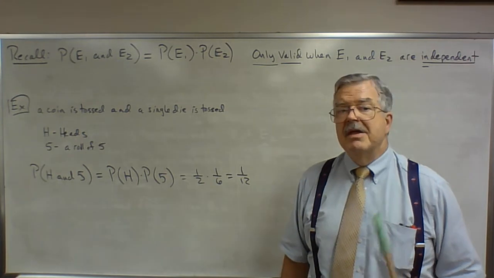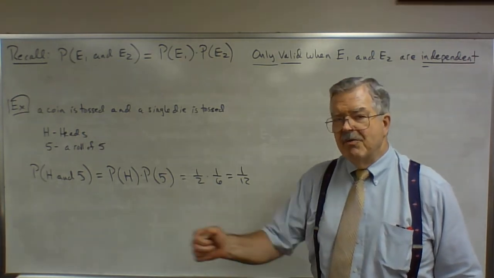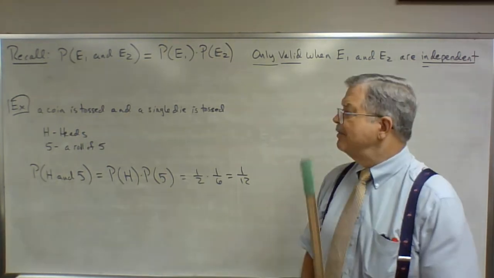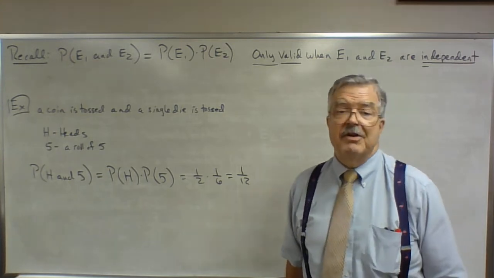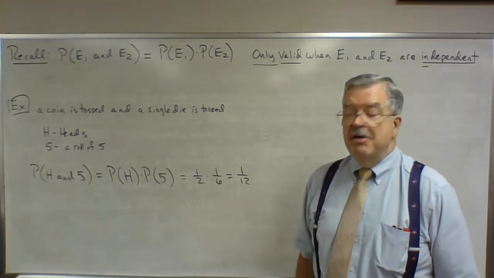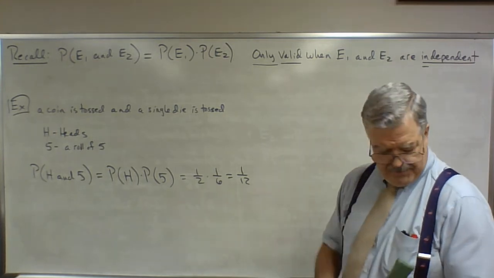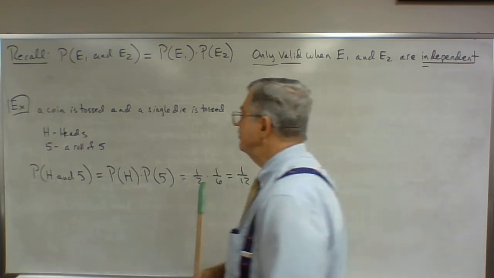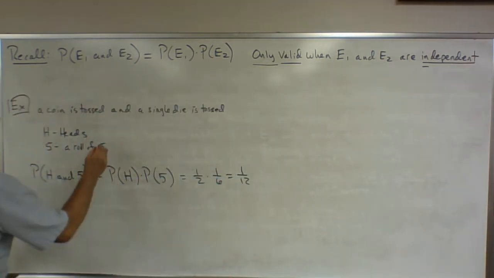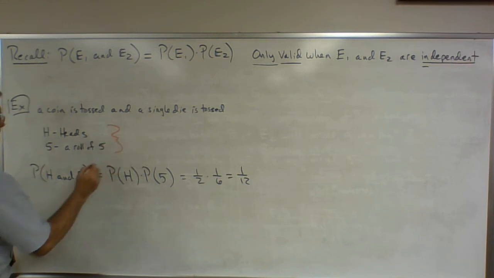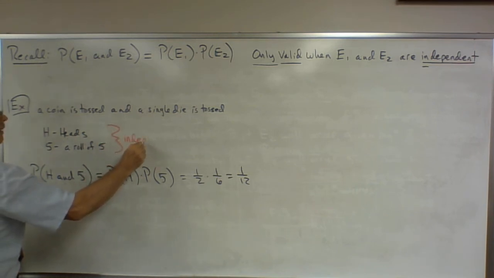No. Does whatever we get rolling the die have any effect on what the outcome of tossing the coin is going to be? No. These two things, getting heads on the coin and getting a 5 on the die, are independent.